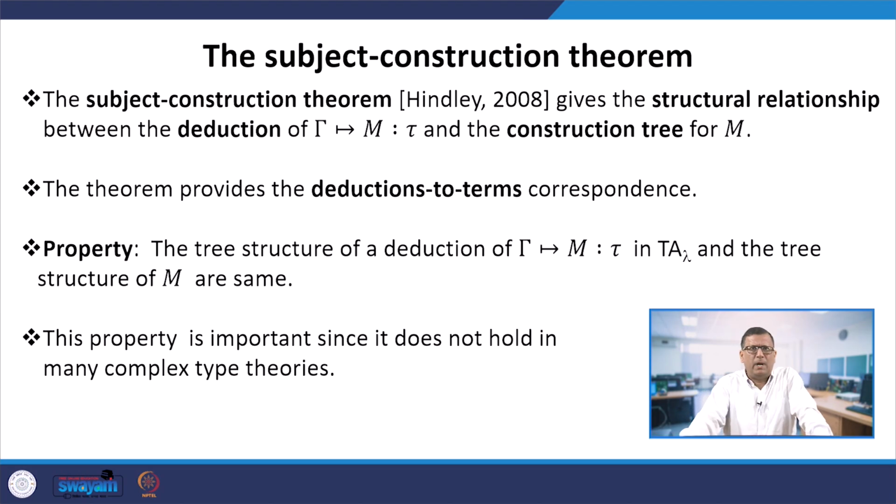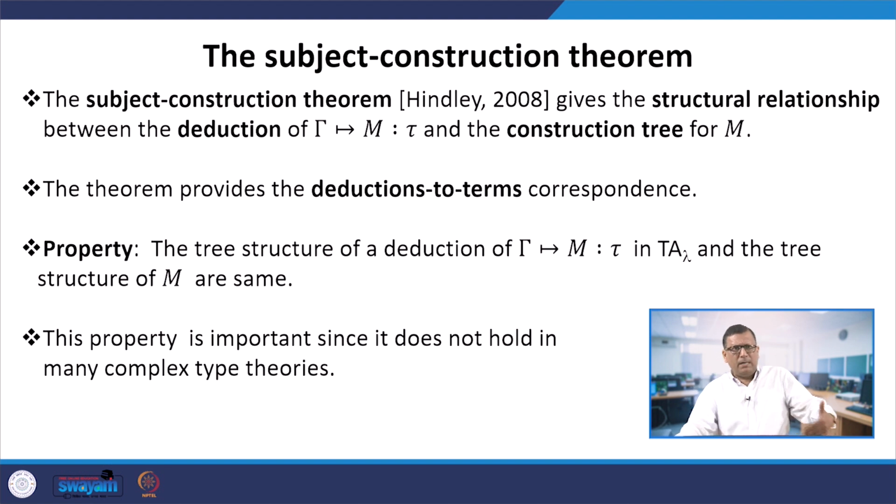This theorem provides the deductions-to-terms correspondence. That means, for a given lambda term M, the construction tree of M is the same as the deduction of M for the context gamma when this term has type tau in the system T lambda. This is what we have obtained.